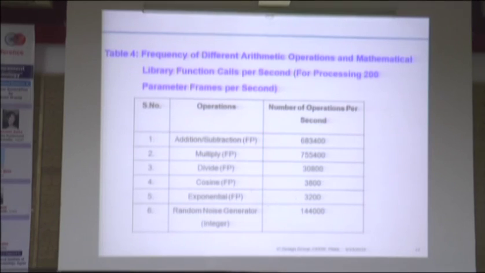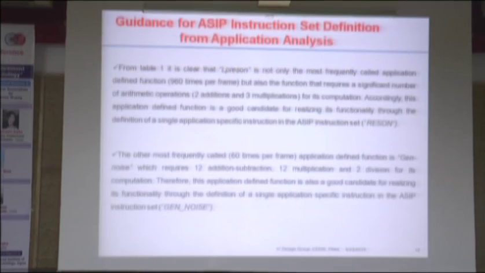We have to process this frame within 5 milliseconds, which means we have to process 200 frames in 1 second. Then we multiplied this addition subtraction operations, and this much number of operations we require per second. Based on this application analysis, this step becomes the guidance for the ASIP instructions. Based on the application analysis, we will select the instructions in the instruction set of this ASIP.